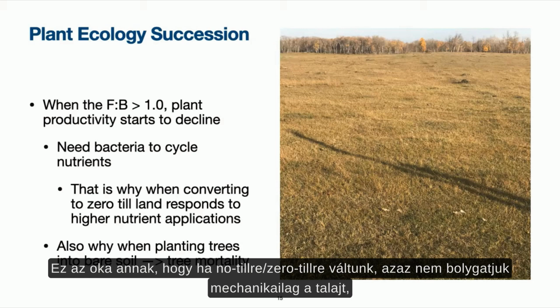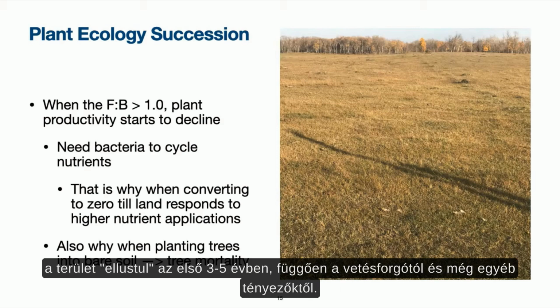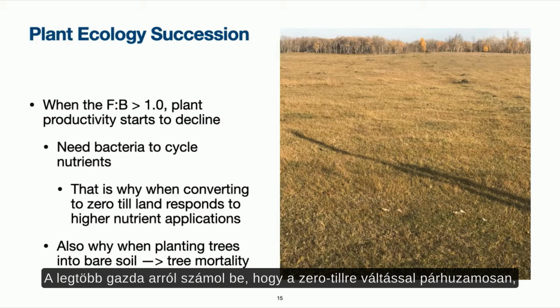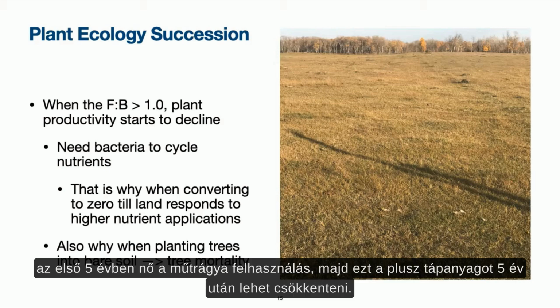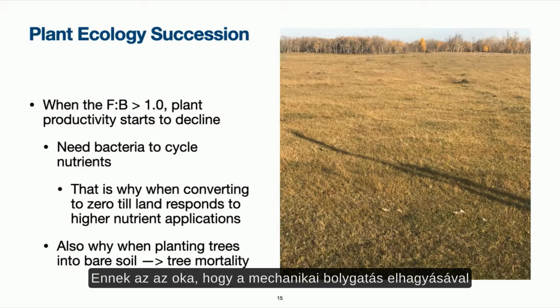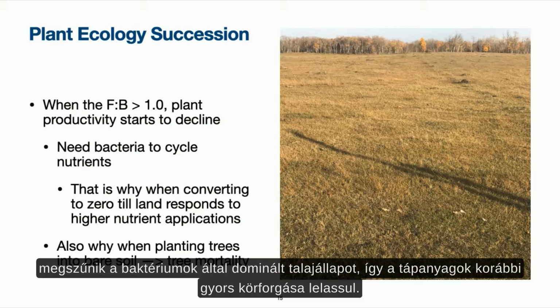And that's the reason why when converting to zero-till, the land becomes sluggish for the first 3 to 5 years, depending on rotation, depending on quite a few variables. But most people, when they go to zero-till, say that their fertilizer requirements increase for the first 5 years, and then after that, they back off. And the reason is because our bacteria levels, because we're not tilling anymore, we're not promoting that bacterial load.